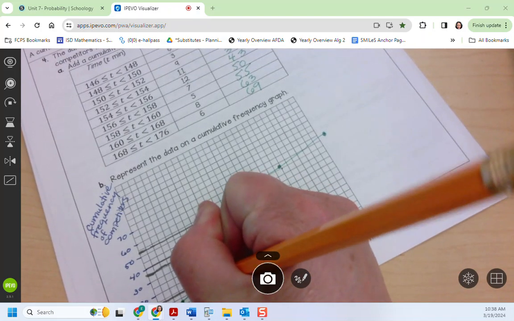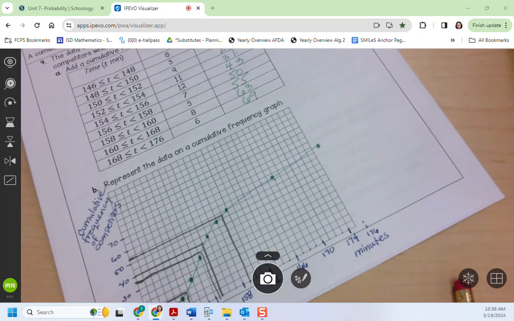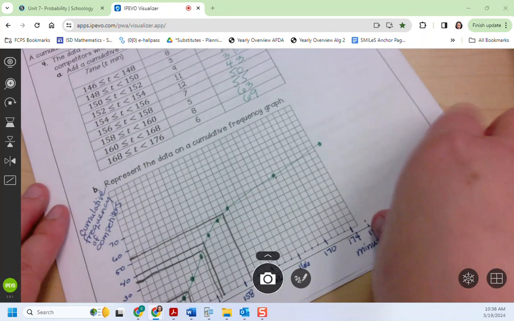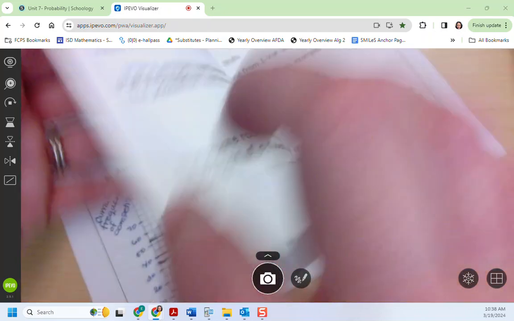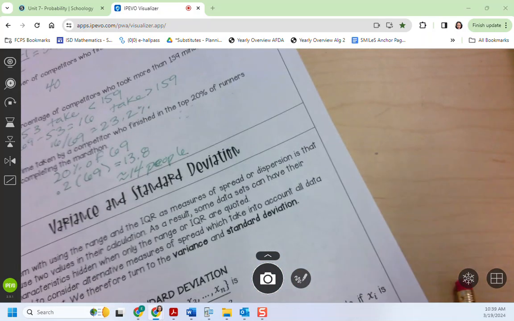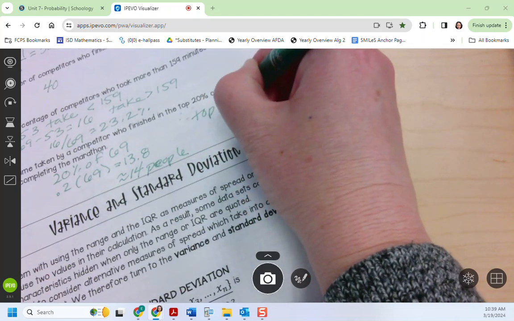So maybe 150 point something. 151, do you like? It's close to 151. 151 or 150.8 or something like that. We're estimating, so I'll take 151. So the top 20% is 151 minutes.